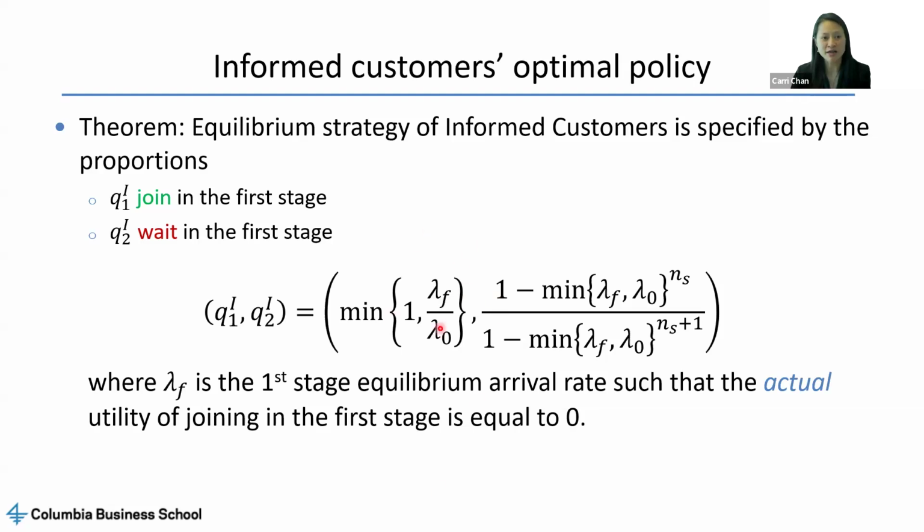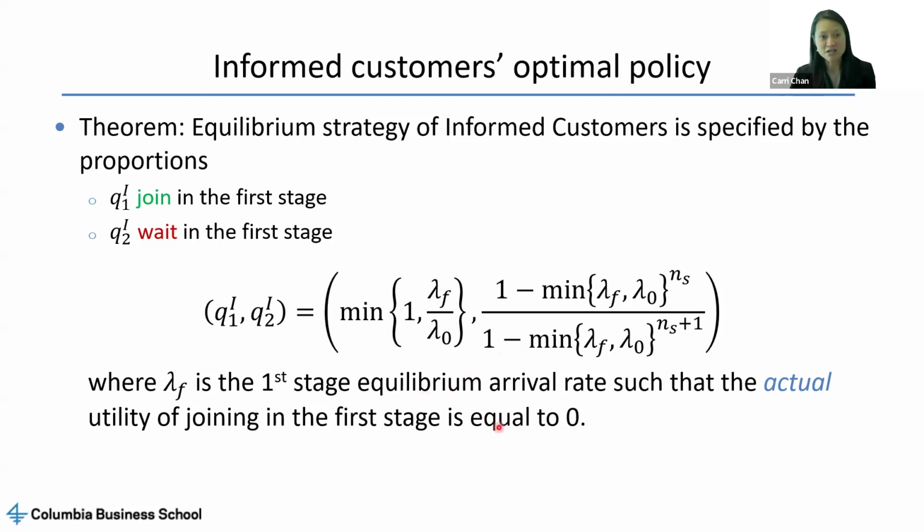We can characterize this parameter as a solution to a fixed point equation. What this means is in the first stage, either the arrival rate is sufficiently low that everybody joins, or it's high enough that people join just up to get exactly 0 utility.